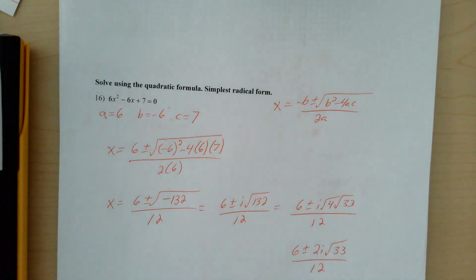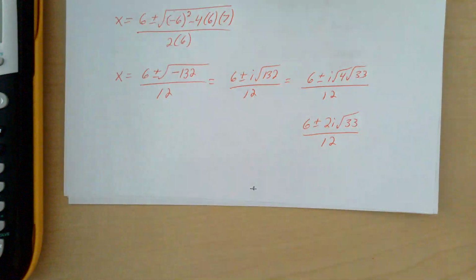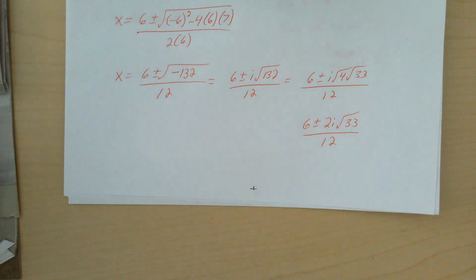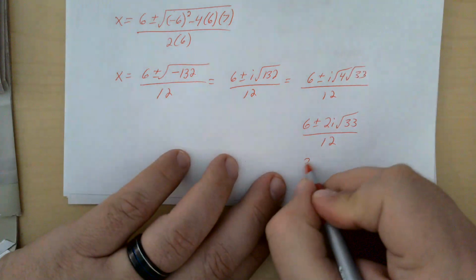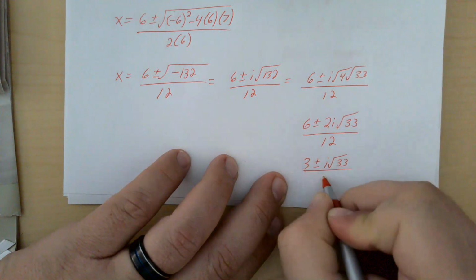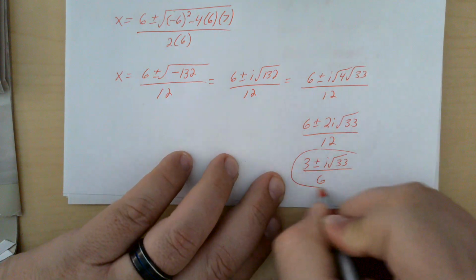over 12. Now, since everything is even, I can reduce all these numbers. I can take half of. So your final answers, just so you're aware what the simplified answer would look like, it's really going to be 3 plus or minus i root 33 all over a 6.